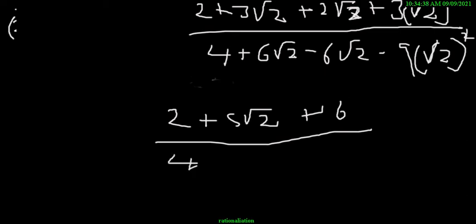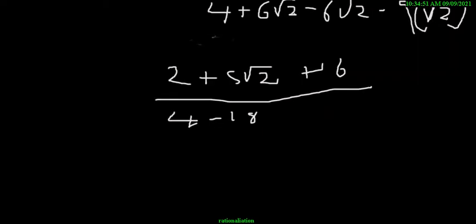Here the roots, the square root and the square, cancel out, and we're going to have negative 9 times 2, which is going to be negative 18. We can simplify this further by saying 2 plus 6, which is 8, plus 5 root of 2 over 4 minus 18, which is going to be negative 14.